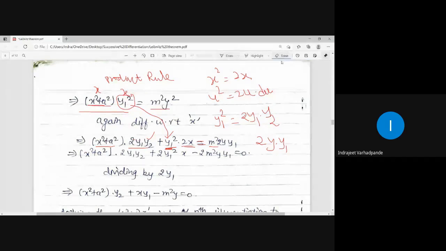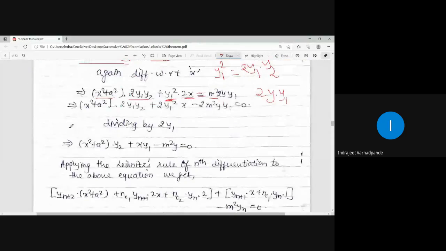Now collect the terms together. So x square plus a square into 2y1 y2 plus 2y1 square into x, and this goes to the LHS, minus 2m square y1 is equal to 0. What is common in every term? 2 and y1. So I will divide the whole expression by 2y1.